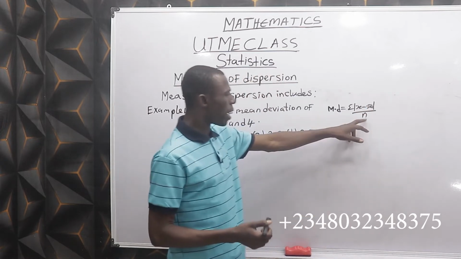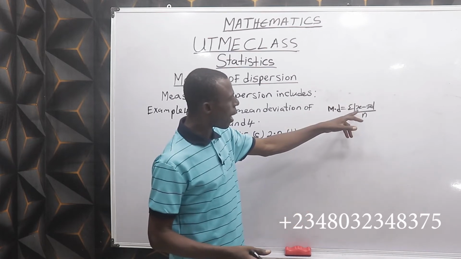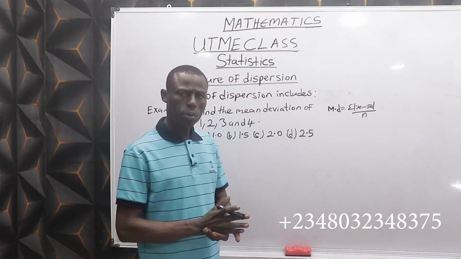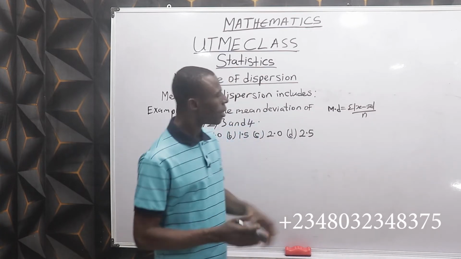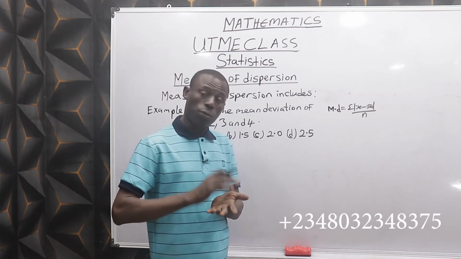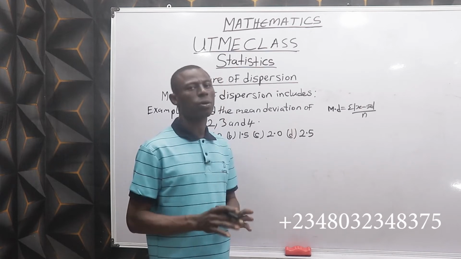We use this n to represent the number of elements there, while we use this slash to mean absolute value. In most cases, mean deviation is gotten at absolute value. If we don't get it at absolute value, I will show you in the course of what will happen.